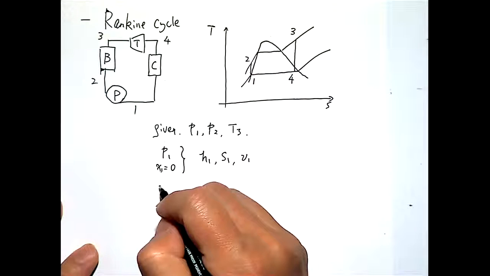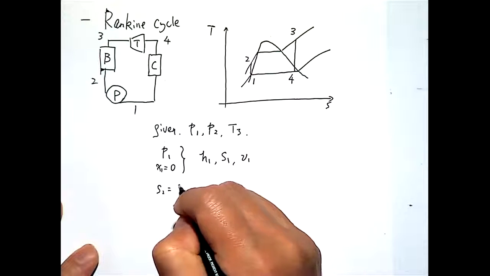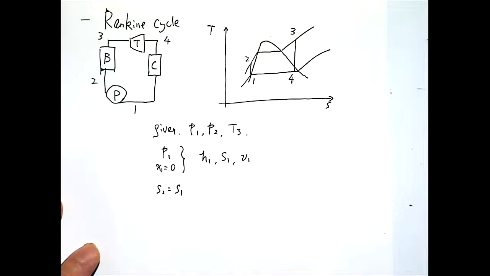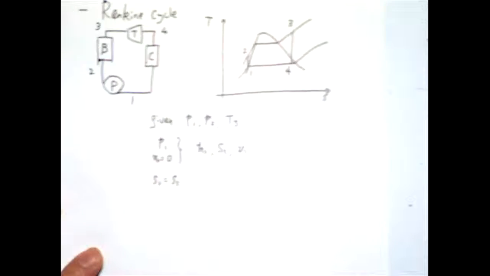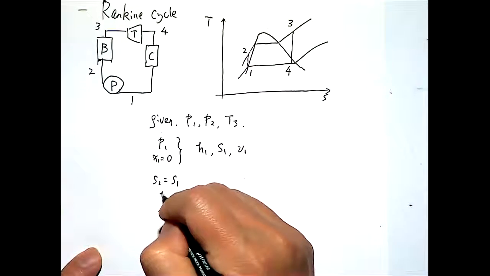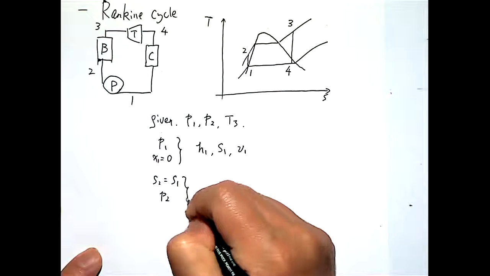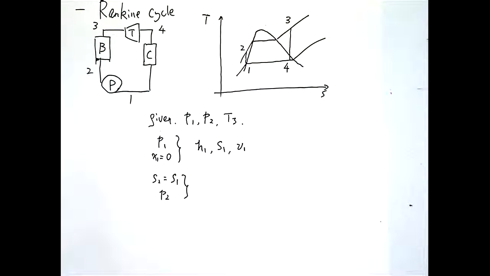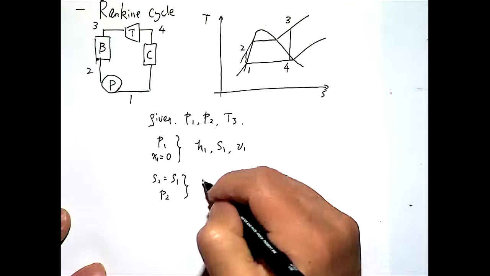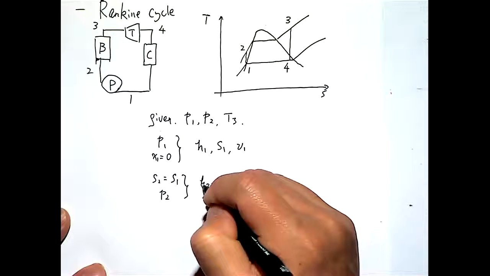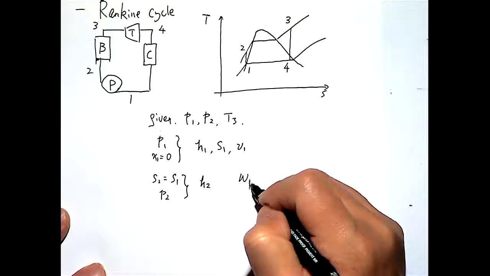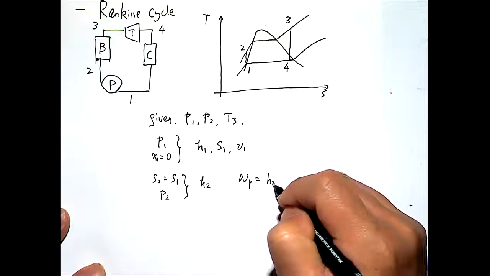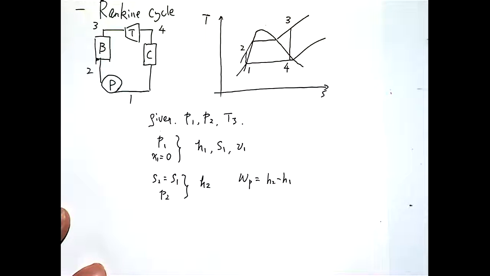So that's useful for the next step calculation. And then the S2 equals S1, right? Isentropic process going through the pump. And then we know the pressure. Then we know the entire state 2. And there you can find H2. And from H2 you can calculate the pumping work, which is H2 minus H1.